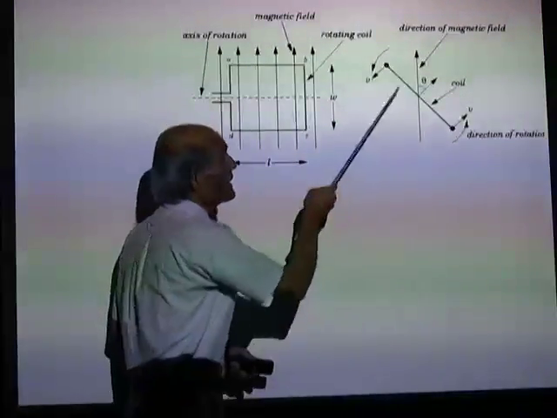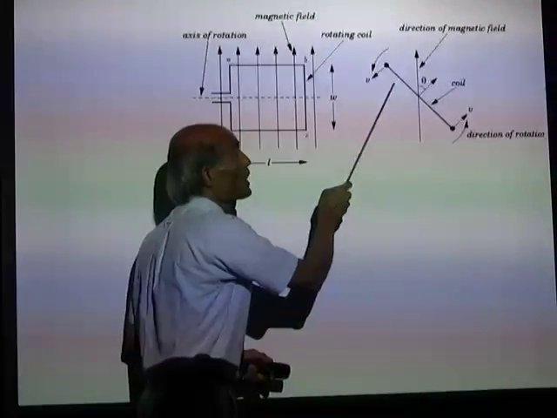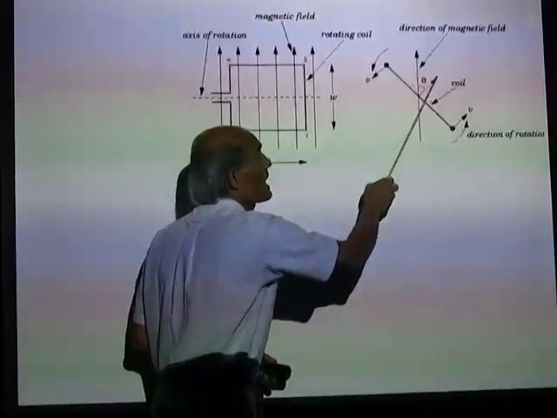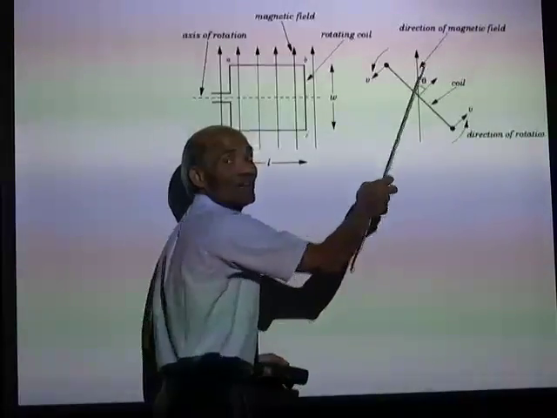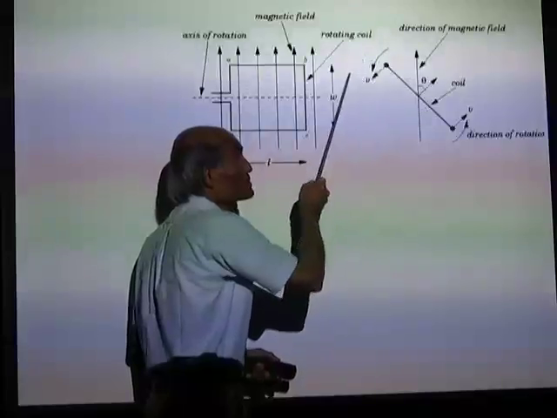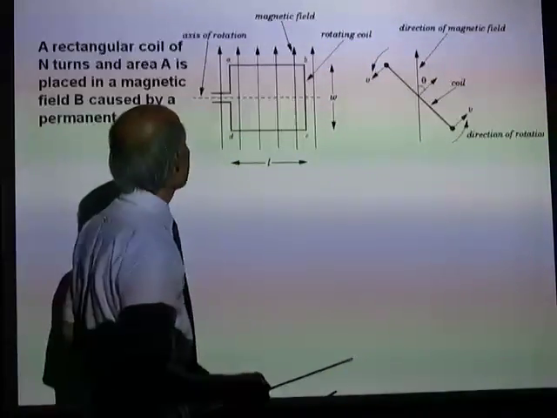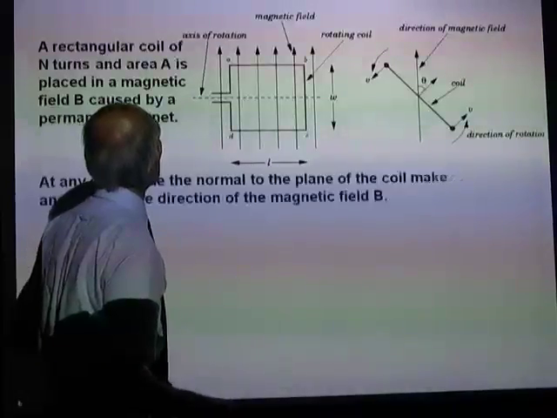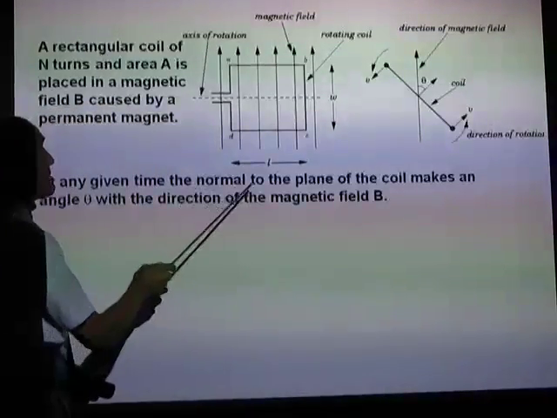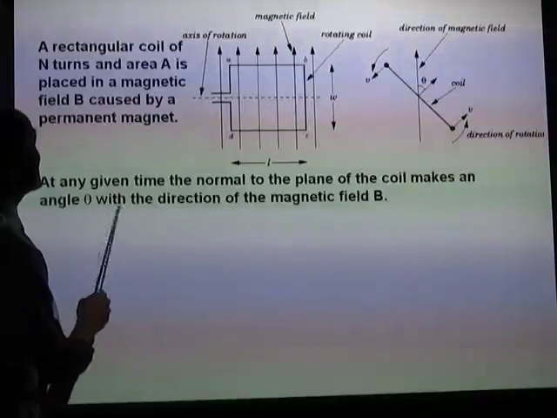That means at any given instant, the flux linked with that coil will be B times cos theta, and of course if the coil has N turns, the total flux linked with that coil will be N times B cos theta.